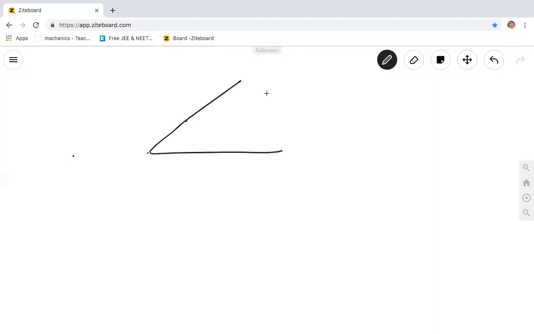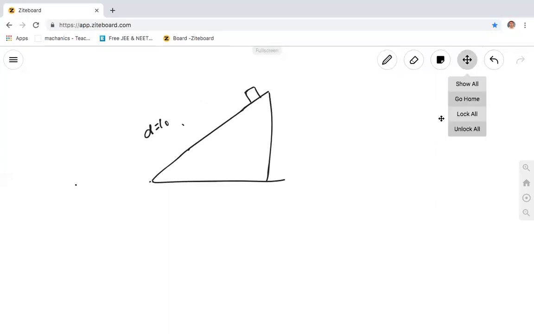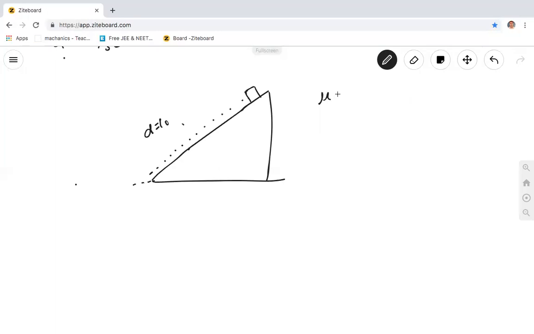Okay, you just explain to me, I will solve the question. What is this distance? Distance is 10. The object falls from here, it falls down. The frictional coefficient is 0.4.